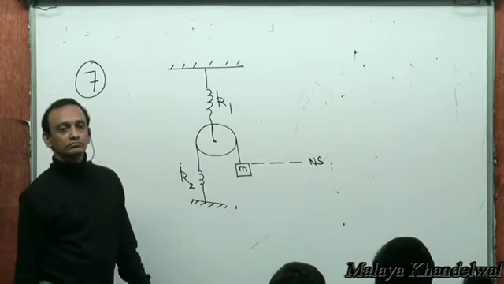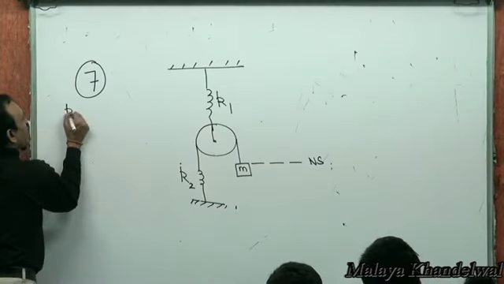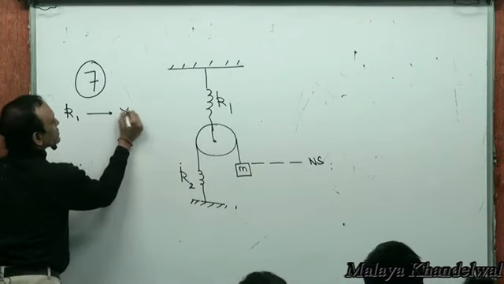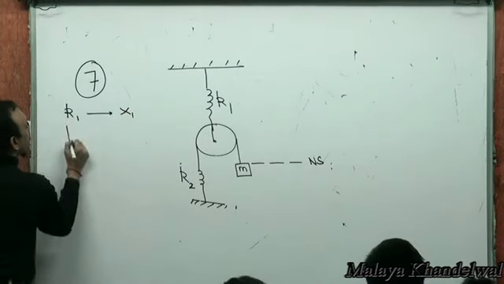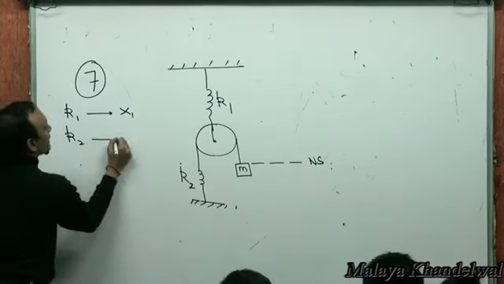Yes or no? So, say spring K1 elongates by an amount x1 up to a certain point. Spring K2 elongates by an amount x2. Then the descent of the mass x is given by x2 plus 2x1. Right, very good. x2 plus 2x1. Yes or no? By this time, the mass would have acquired a velocity v.